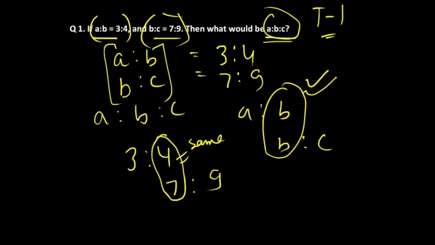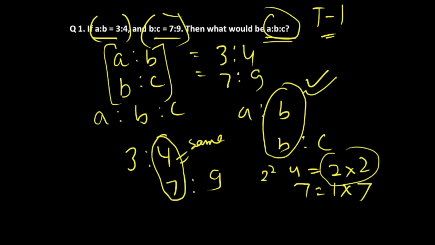So how do we make it the same? Usually we'll take the LCM of these two numbers. You can write 4 as 2 into 2 and 7 as 1 into 7. So your overall LCM would be 2 square into 7, which will give you the value of 28.